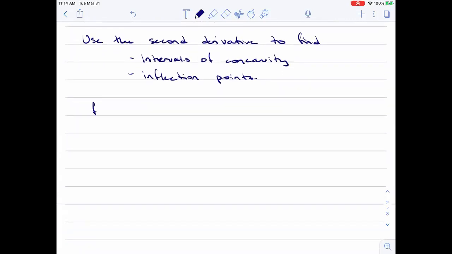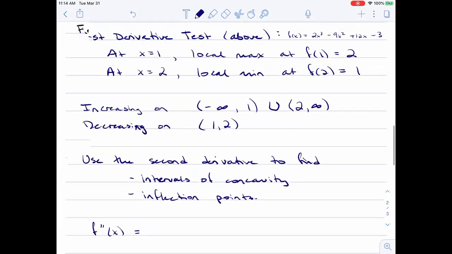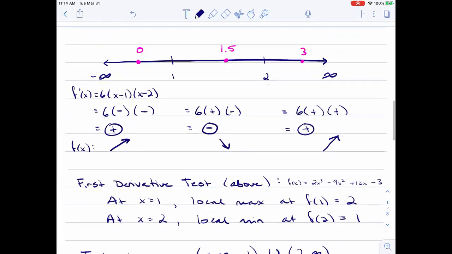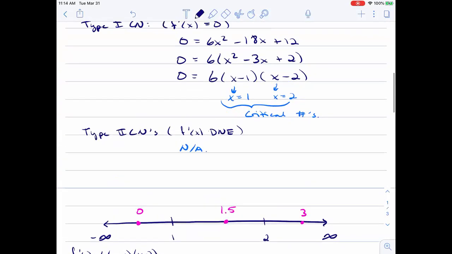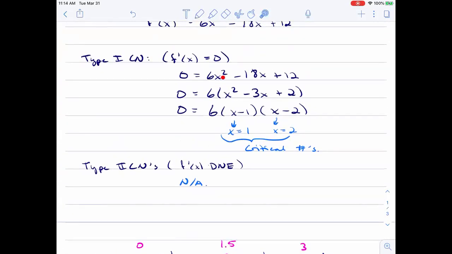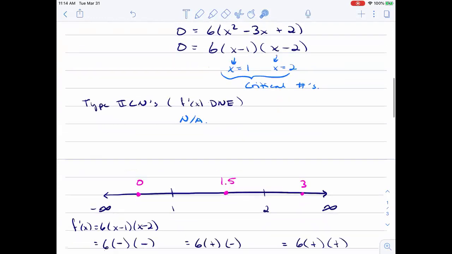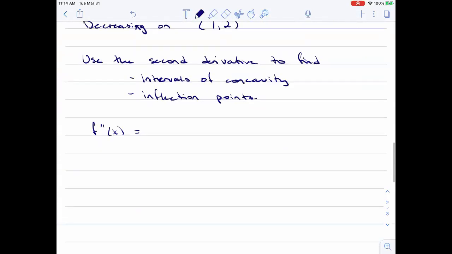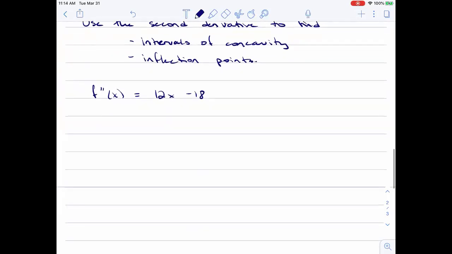So the second derivative, f double prime of x, well, the derivative of f was 6, actually it might be easier to just use the polynomial version. 6x squared minus 18x plus 12 puts me at 12x minus 18 for the second derivative. So I get 12x minus 18 for the second derivative.